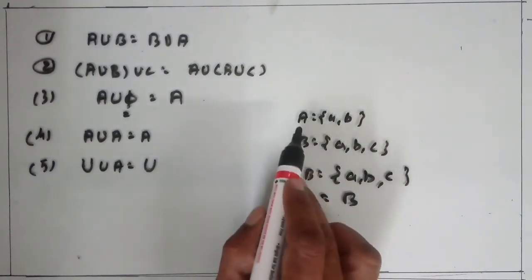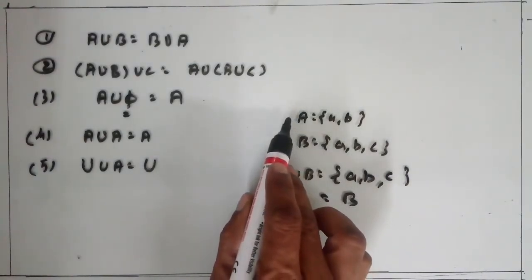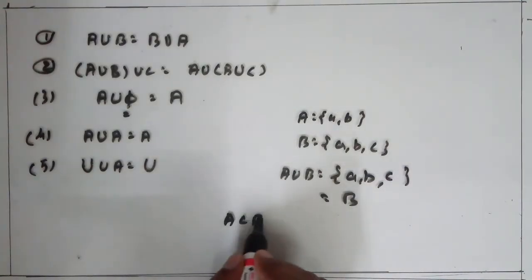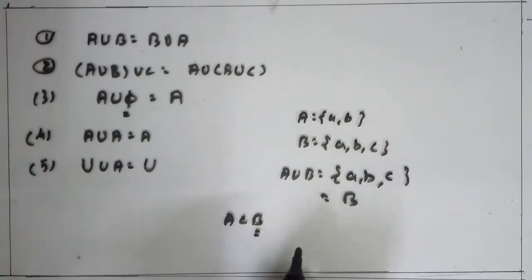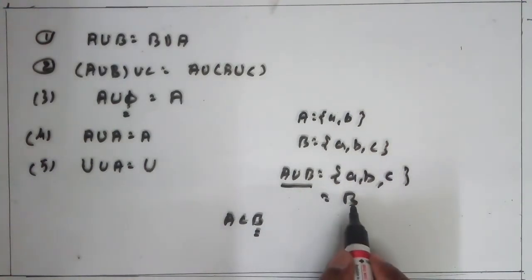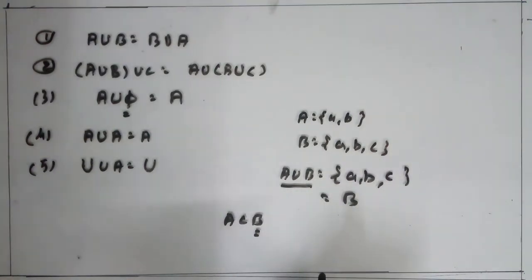That means here in this case A is a subset of B, so B becomes the superset. So the union of A and B becomes the superset if A is a subset of B. Clear?